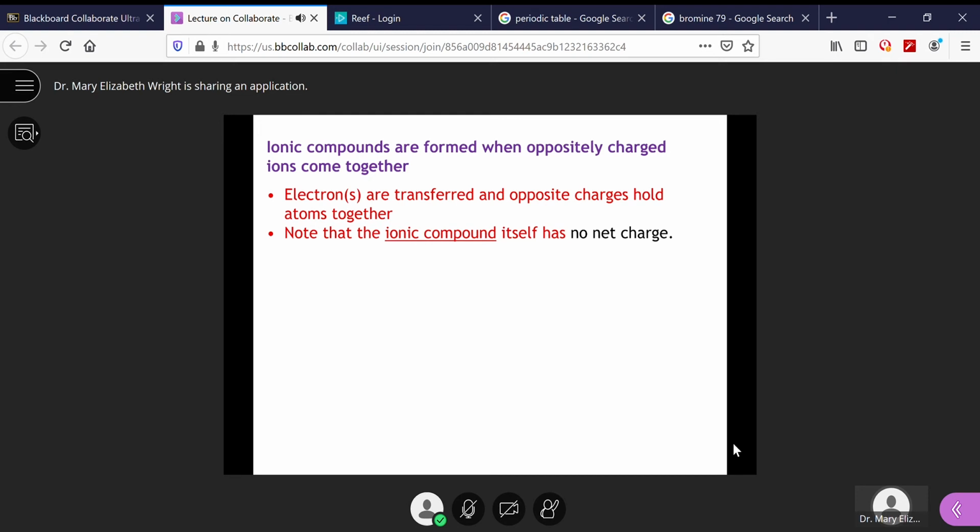The electrons are transferred, and the opposite charges of the sodium and the chlorine hold the molecules together. So this electron has gone from here, it's gone over here. The positive and the negative hold these two atoms together. Overall, however, and this is a crucial point, a molecule like sodium chloride has no net charge. Na plus, Cl minus, the charges cancel each other out.